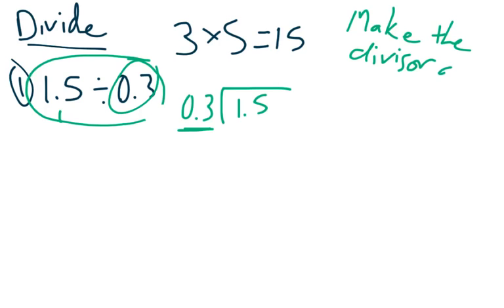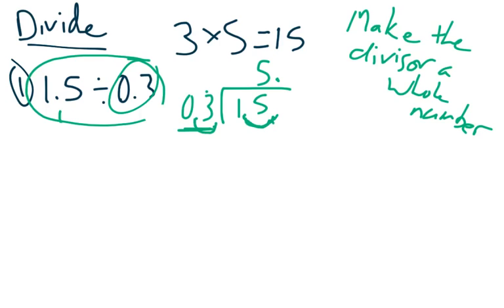In order to do that, I have to bump my decimal point over one spot to the right. And whatever I do to the divisor, I'm going to do inside the division bar and bump it over one spot to the right as well. Now, this is where my decimal is going to be in my answer. After that, I just treat it like normal division. 3 into 15, hey, it's 5.